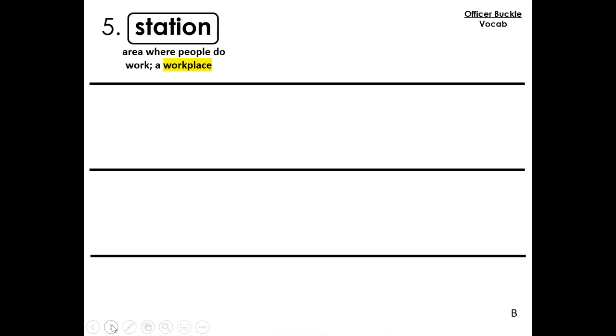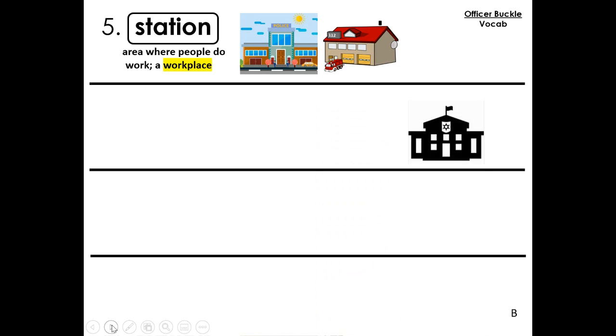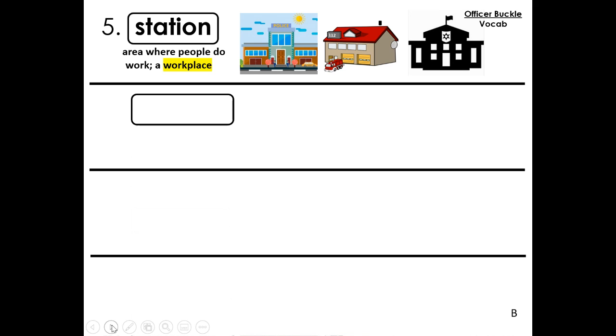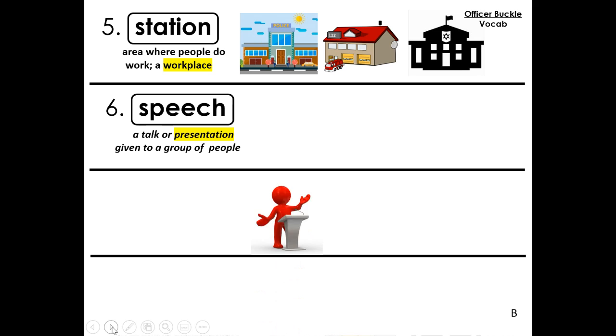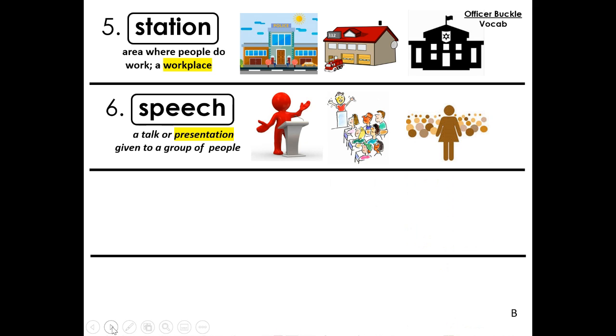Number 5 is station, area where people do work. A workplace is a station, and I highlighted the synonym workplace in yellow. Number 6 is speech, a talk or presentation given to a group of people.